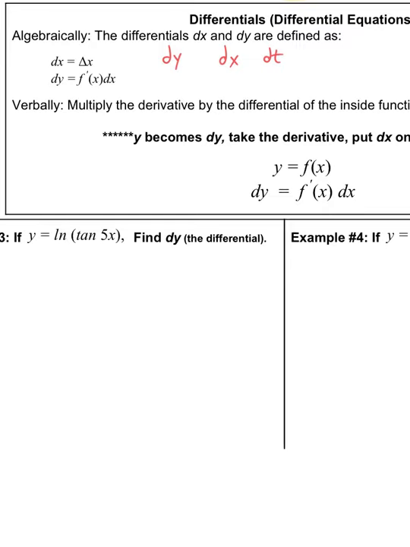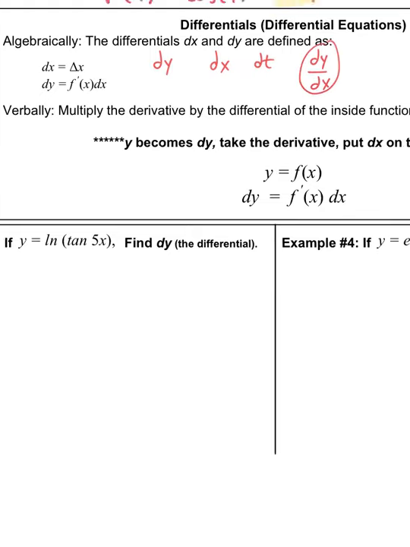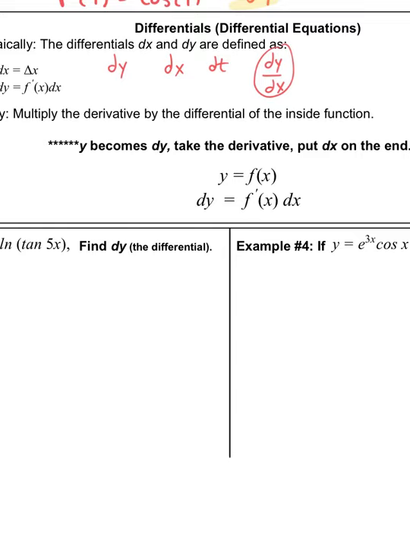When we put those together in a ratio, dy/dx, that's the symbol for derivative. You've also seen them in the notation for an integral, the integral of f of x dx. This is an integral, that is a differential. So that's what a differential is.